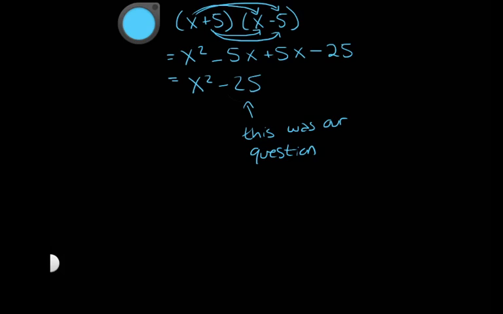And we have to use opposite signs, because if we use the same sign, this wouldn't work. We wouldn't get a minus 25. Let's do some examples. Just to check, let's do an example of difference of squares, and then we'll do some examples with the trinomials, just to make sure that we've got that.